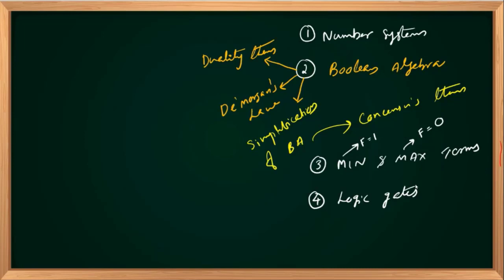And we will be discussing the dual of a given gate, dual of an AND gate, dual of a NOR gate, etc. Also, we'll expand the concept of the duality principle or duality theorem that we are going to study in Boolean algebra into the logic gates, right?